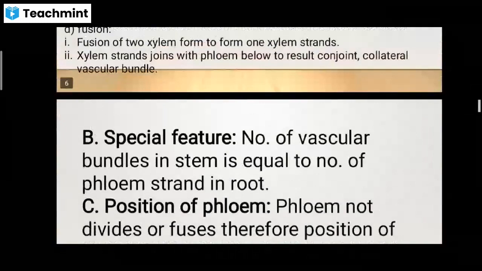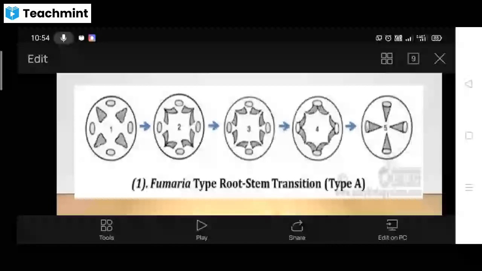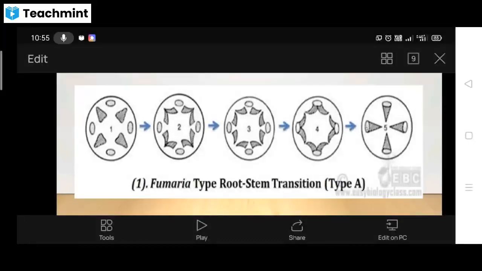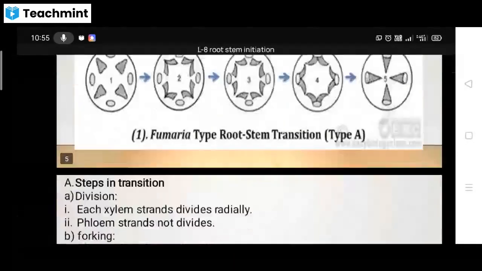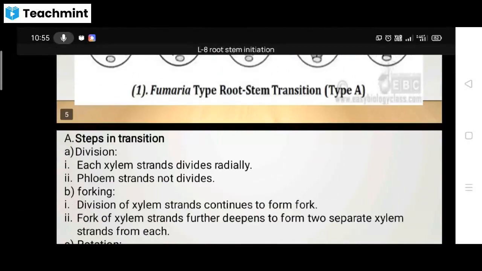As you see in the first figure, in the root there are four xylem strands and four phloem strands. After this root-stem transition process, in figure 5, that is in the stem, there are also four xylem strands and four phloem strands. So there is no change in the vascular bundle number. The number of vascular bundles in the root is the same number we see in the stem. It is a special feature of type A.